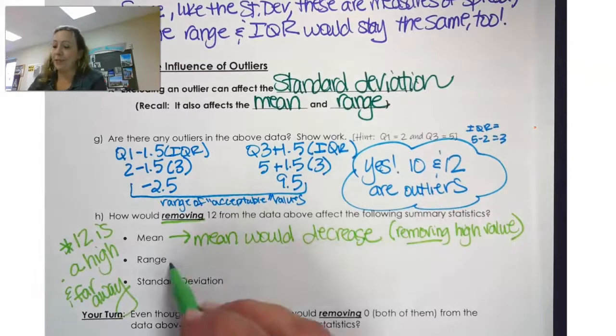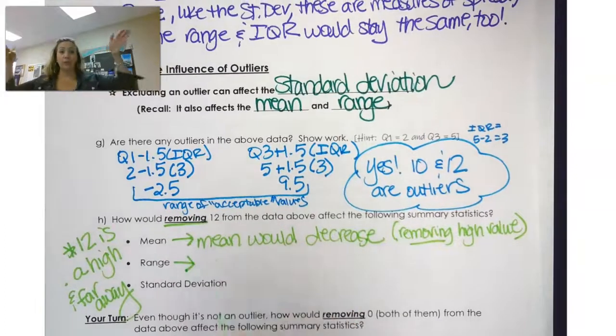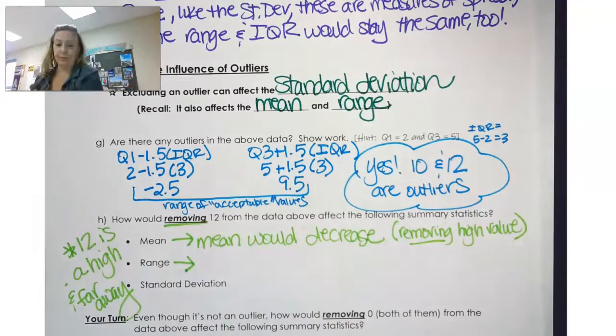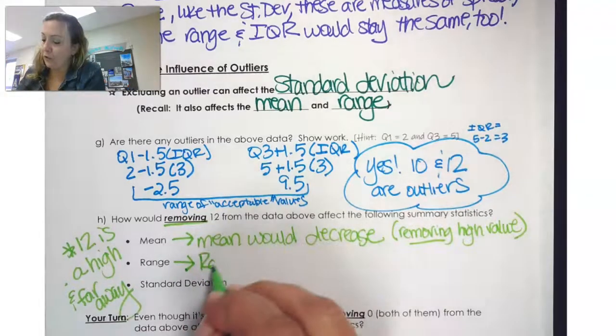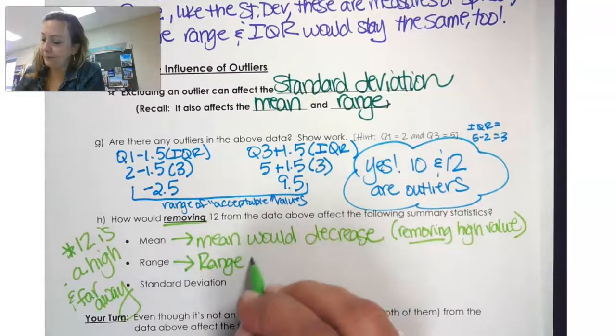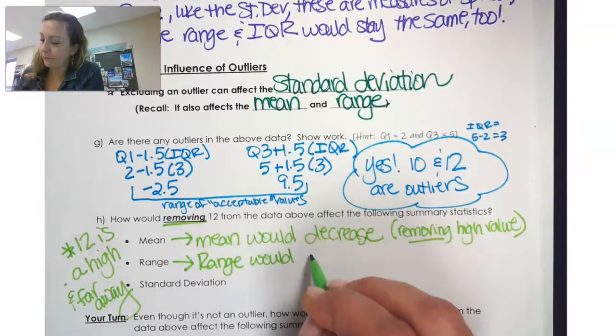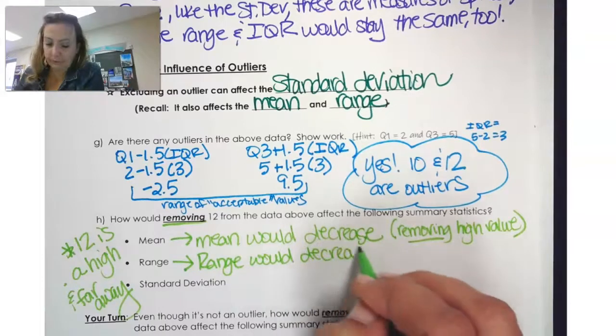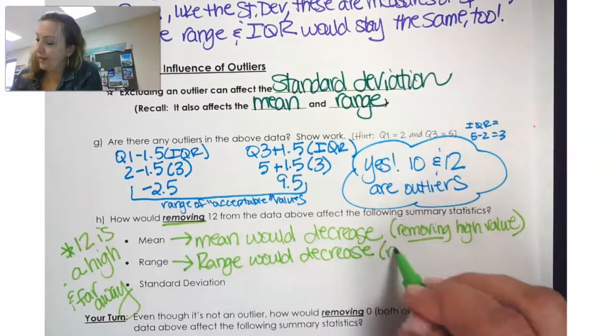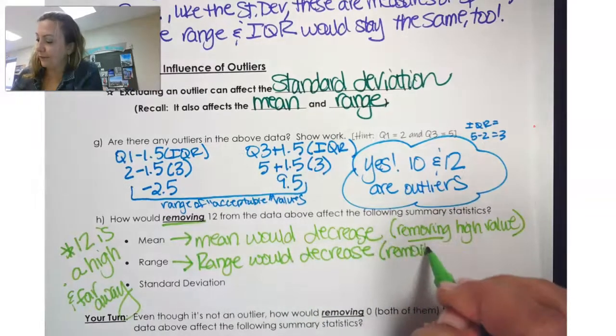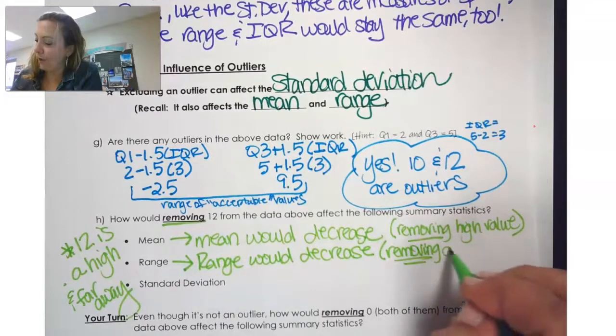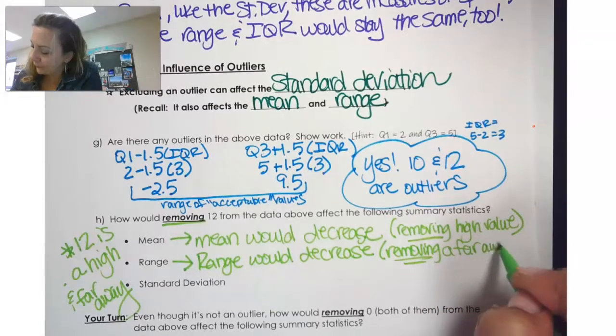What would happen to the range? Well, if we took 12 away, now our values are closer together. So our range would decrease. Again, we're removing a far away value.